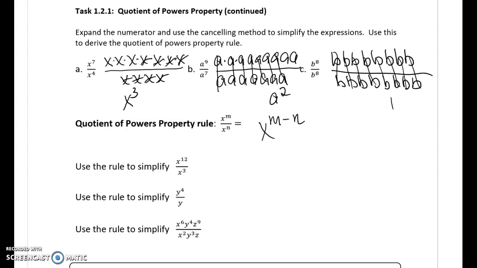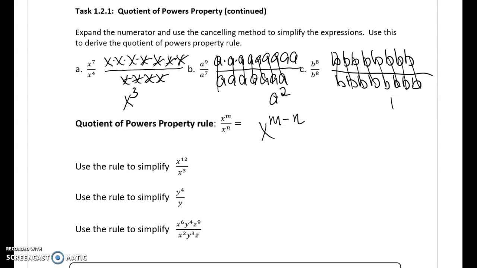For part C, we have 8 factors of b in the numerator and 8 factors of b in the denominator. When we cancel all of those like factors, you have to be careful. It doesn't reduce down to 0. It's going to reduce down to 1. We have to make sure we do not write 0 when everything seems to cancel out.